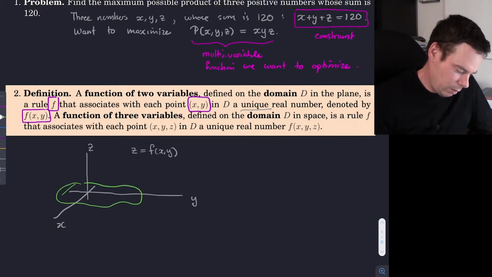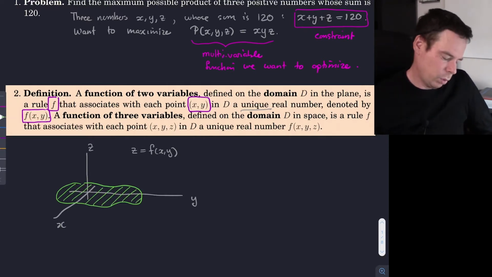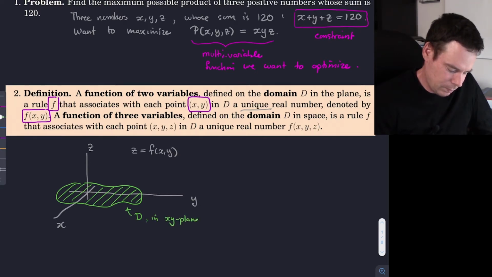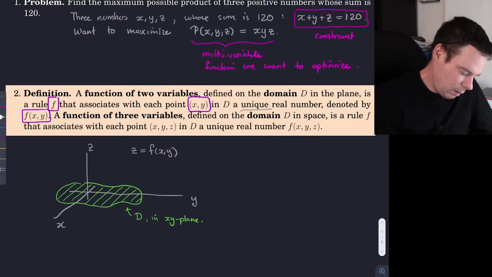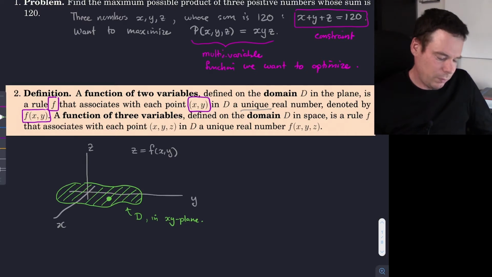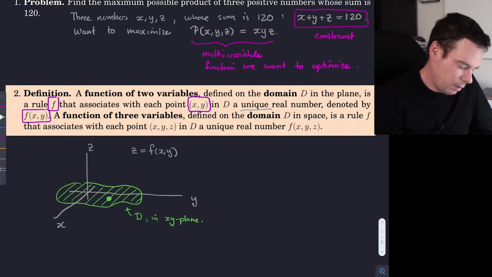in the xy plane. So I'm thinking of this green blob as the set of all pairs of points x and y. So this is our set D, and it's in the xy plane. For each point in D, let me just pick an arbitrary point in D. What we do is we fire it into our function. We evaluate f at that point x comma y. It produces a third number, this number z, and that's the number we notch off on our vertical axis.